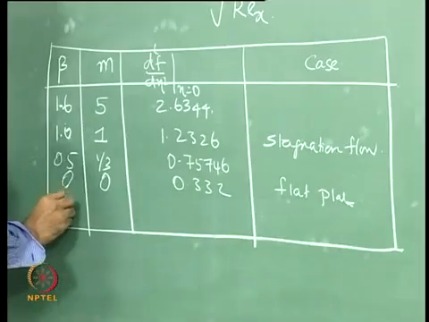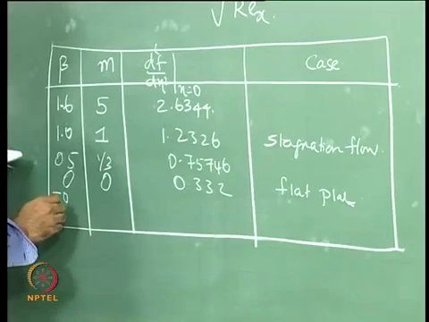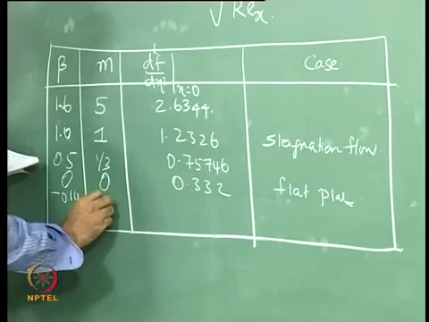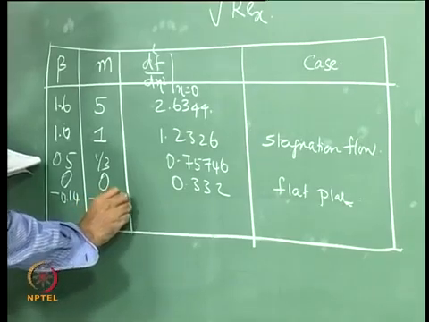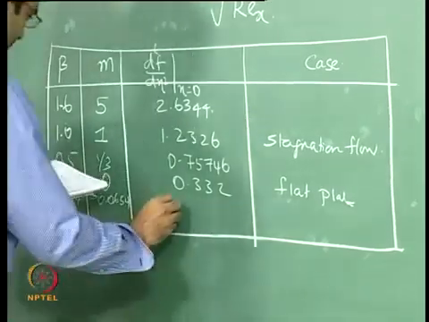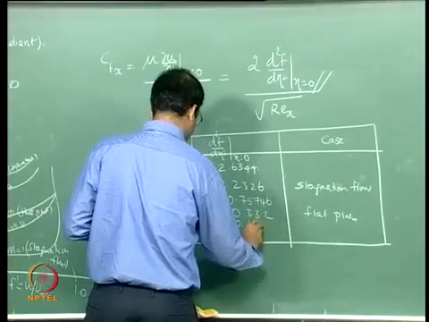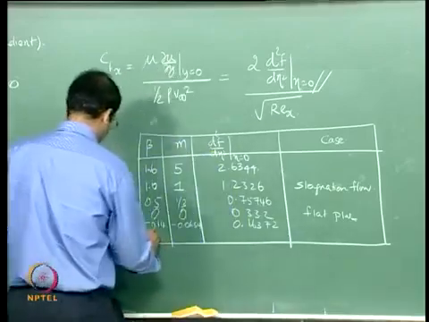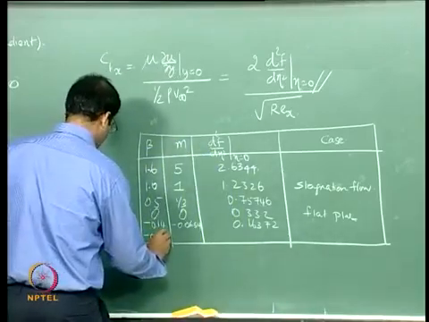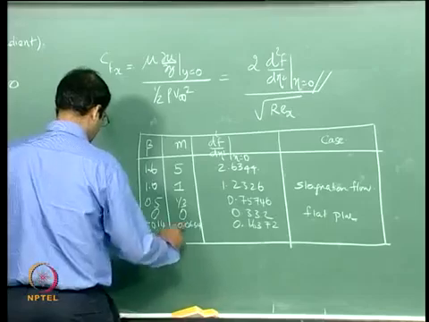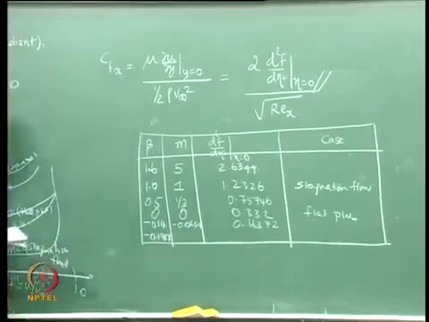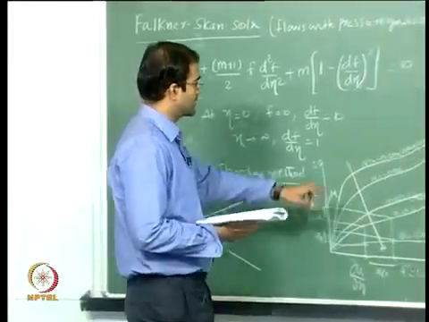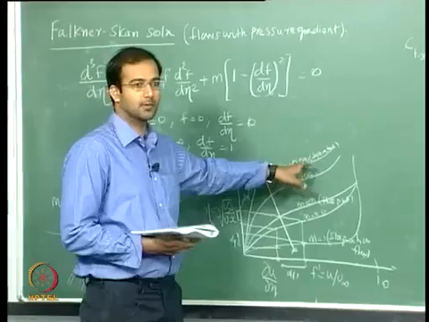Then the next beta is minus 0.14, the corresponding value of m will be minus 0.0654, and the corresponding value is 0.16372. And finally minus 0.1988. Corresponding value of m, can you guess what is the corresponding value of m? Minus 0.091, that is this particular case that we have.